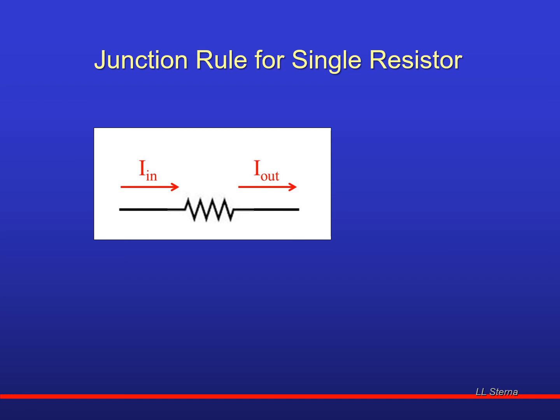I like to point this out because we often speak of a resistor restricting the current in a circuit. And I don't want you to think, if I make a statement like the resistor limits the current or restricts the current, there might be a temptation to think that more current goes in and less current comes out.